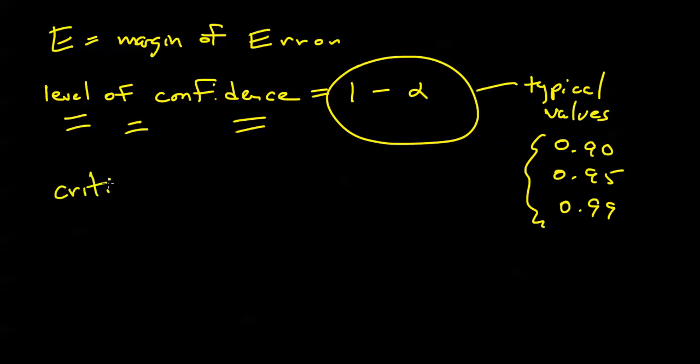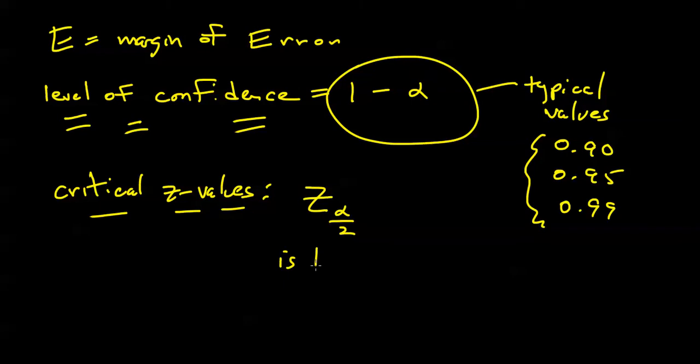We'll also be talking about critical z values. A critical z value we label with the quantity z sub alpha over 2, and z sub alpha over 2 is the positive z value.